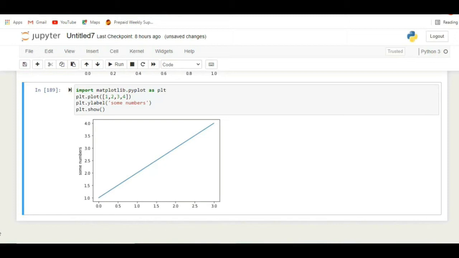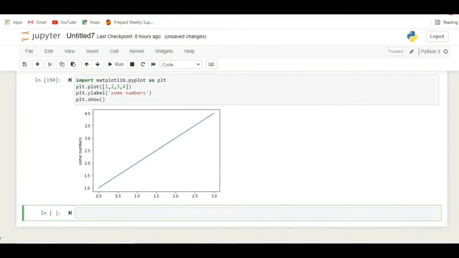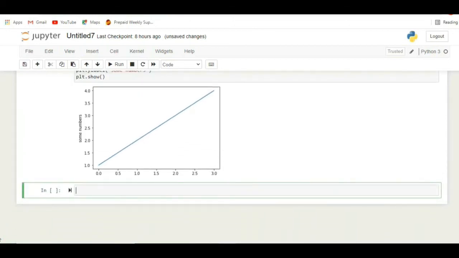What was the previous code? I will make a copy of the previous code and paste it over here. Yes, I am pasting the previous code: plt.plot.